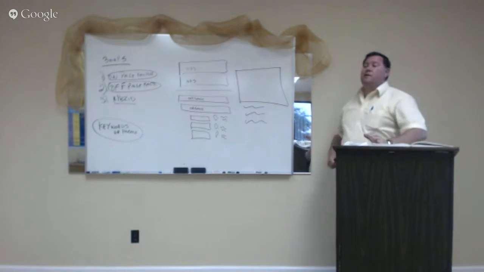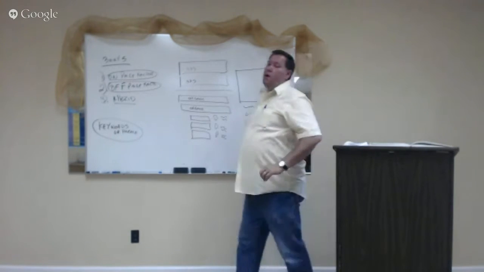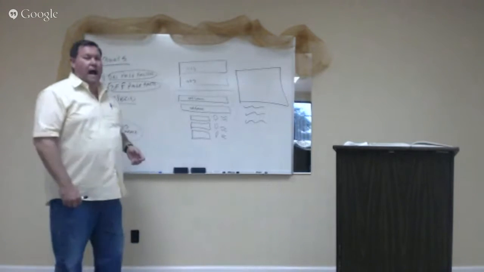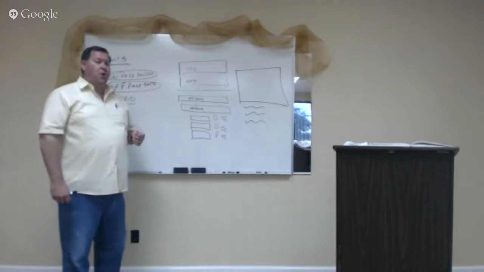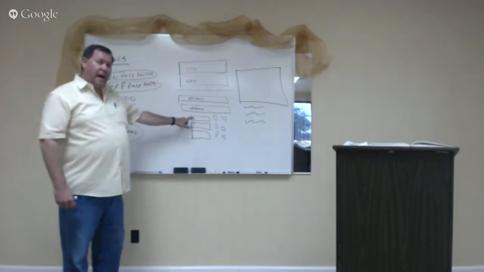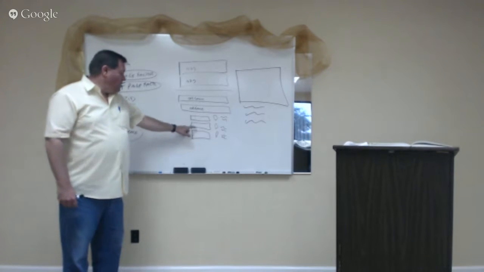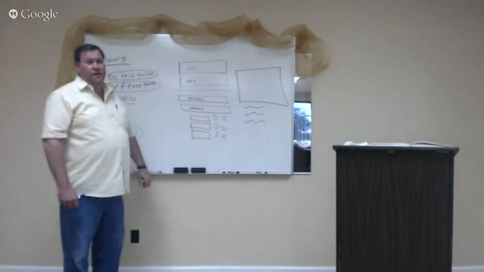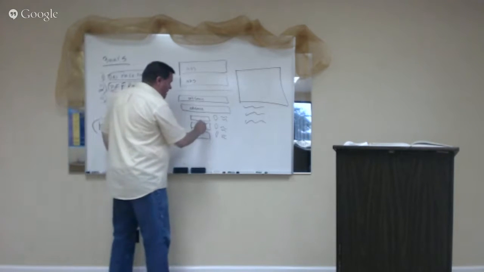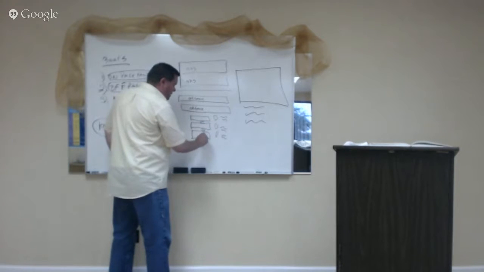The reason I think they're doing that is because they're going 100% local. If you type your keywords in and you show up in the 7-pack, on a cell phone all you see is a 7-pack. You don't see all this other stuff. You see the 7-pack first, and underneath each listing it says call.